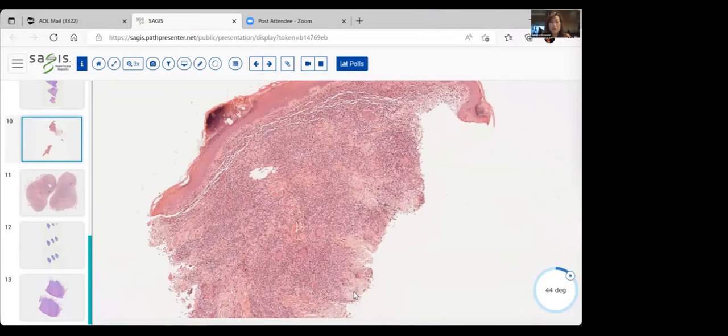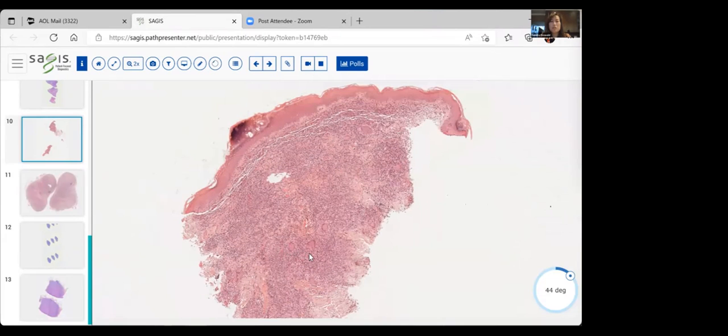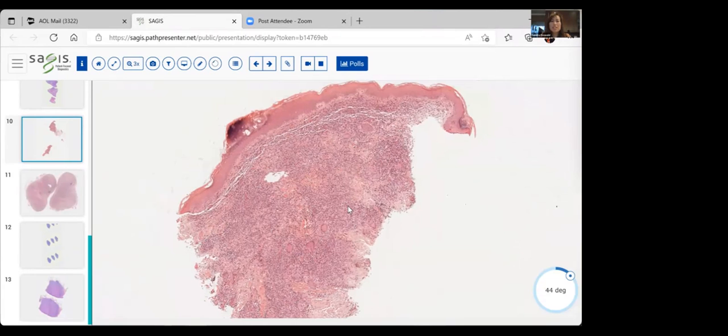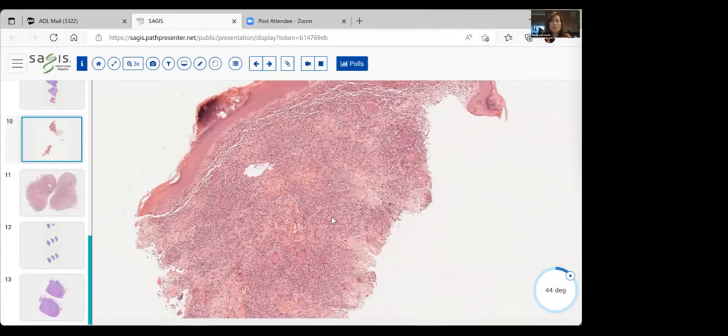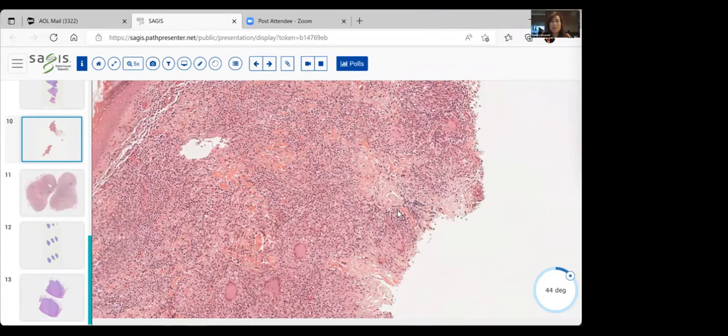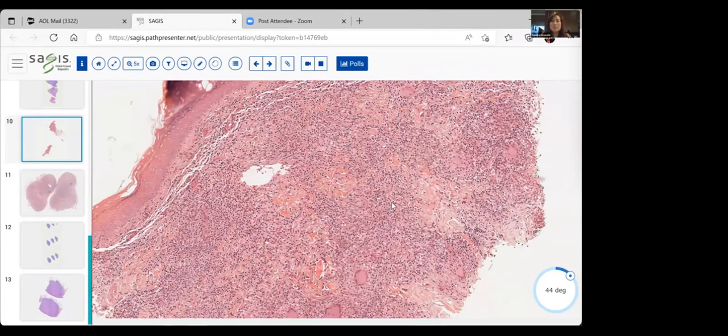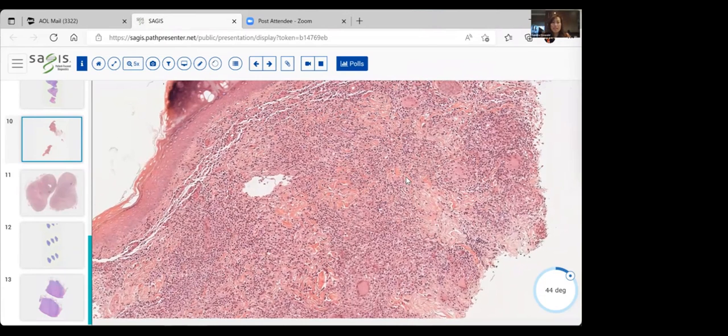Even from here, do you not see these large multinucleated cells? And in the background of this are large mononuclear cells. And this is a condition called granulomatous slack skin syndrome. Granulomatous slack skin syndrome is characterized clinically by someone who already typically has a diagnosis of mycosis fungoides.